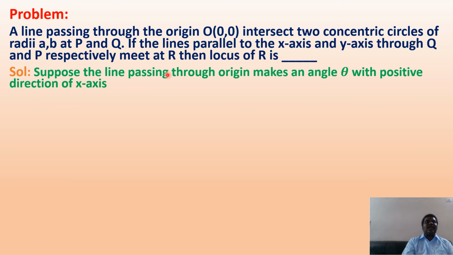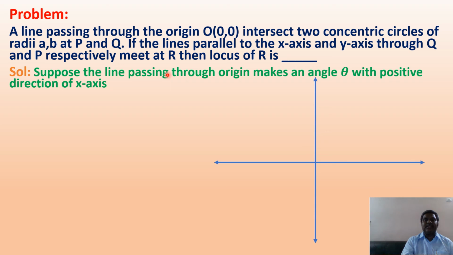Suppose the line passing through the origin makes an angle theta with the positive direction of the x-axis. So I am going to draw the line that is passing through the origin that makes an angle theta with the positive direction of the x-axis. This is my x-axis, y-axis.